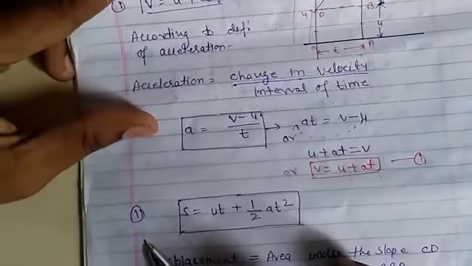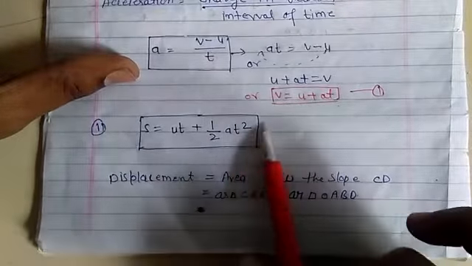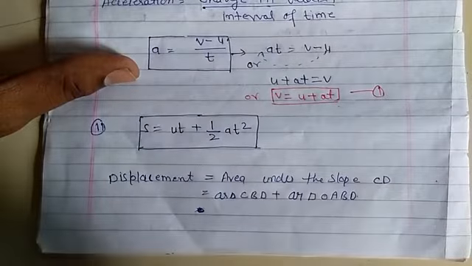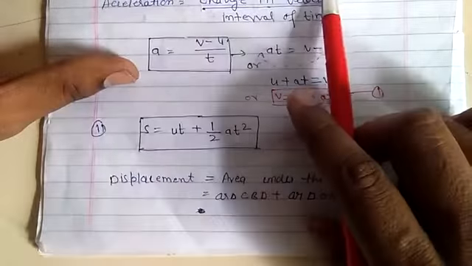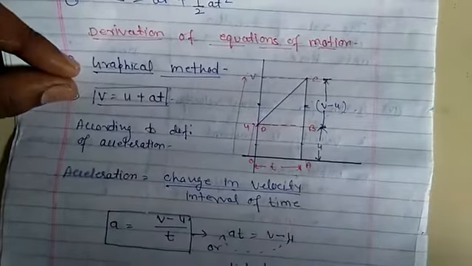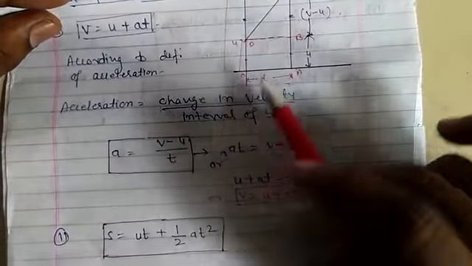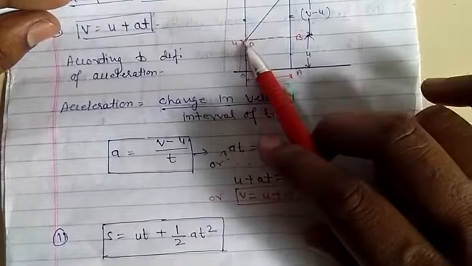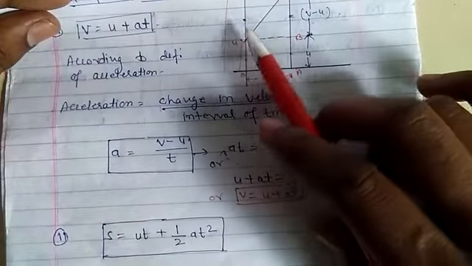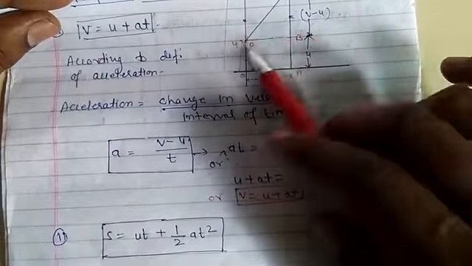And the second equation is s equal to ut plus half at square. We will derive this second equation of motion with the help of the same graph. If we want to find the displacement, then the displacement will be equal to the area under the slope of the velocity-time graph, that is the area under the line CD.